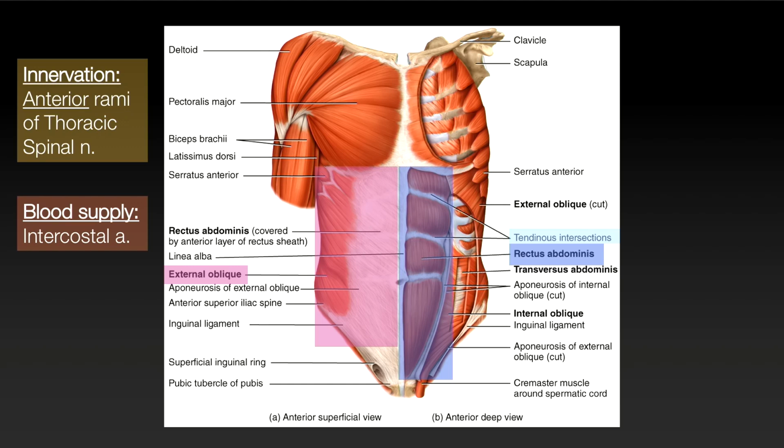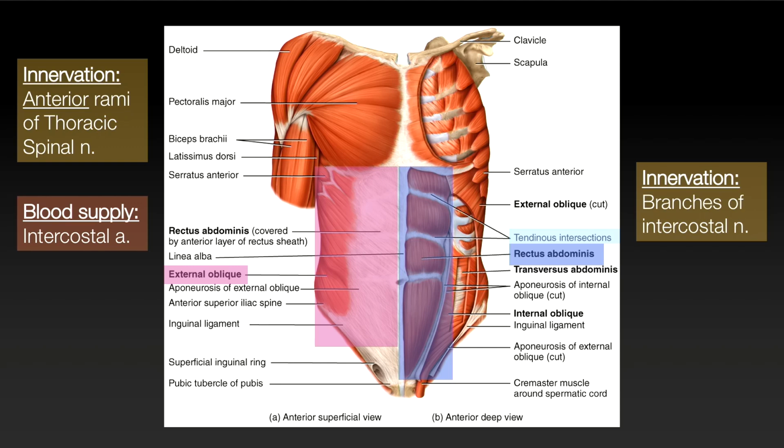These ones, also in close proximity to the intercostals, are innervated by, I'm calling them branches of the intercostal nerves. You can just say intercostal nerves, and that's also fine. Technically, they're thoraco-abdominal nerves, but they are branches of the intercostal nerves.